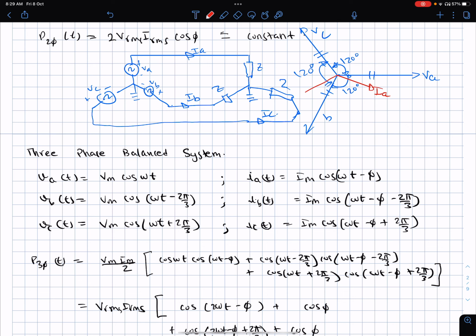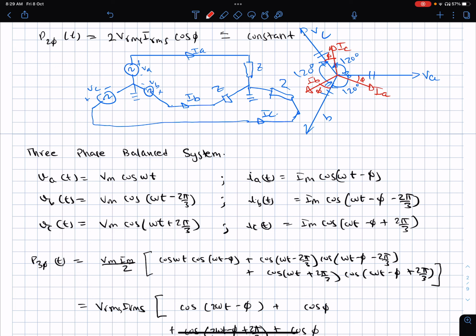IA, IB, IC, and they will also be lagging.